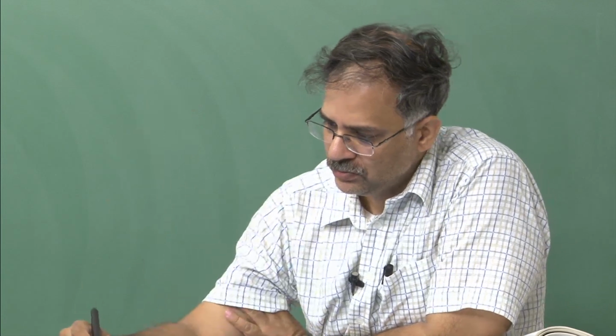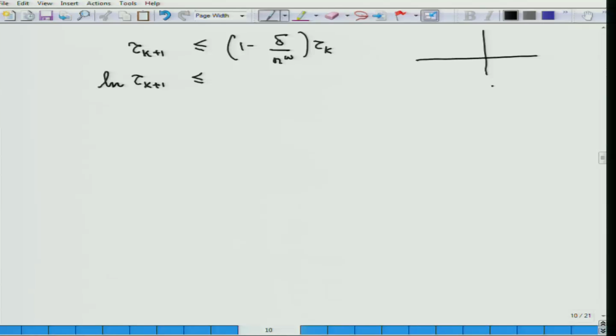So, you can take the log because log is an increasing function. Look at those who have forgotten about this poor function called log. This is the graph of y equal to log of x, log e x, which is same as ln x. So, here if I take the log, log is the increasing function. So, x less than y means f x less than f y. Log of x y is log x plus log y, standard result.